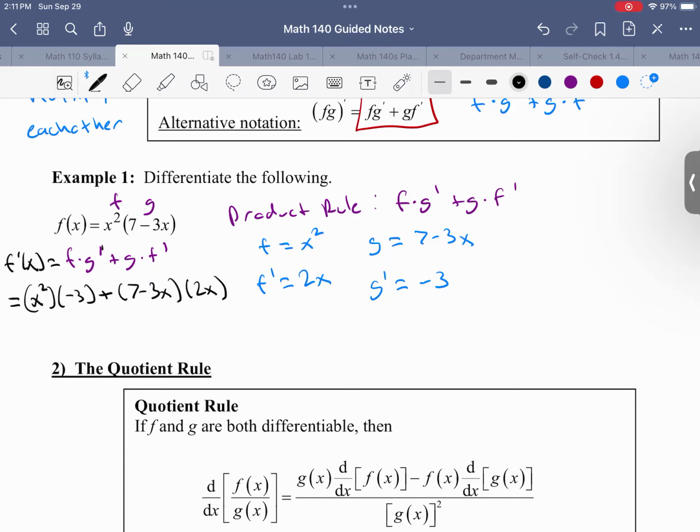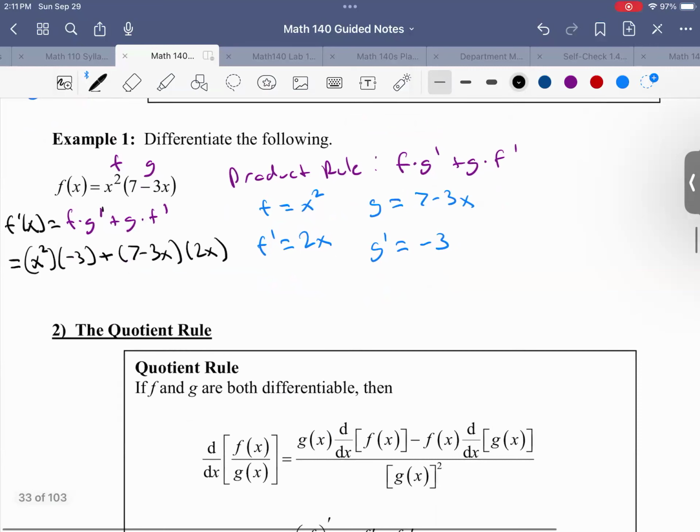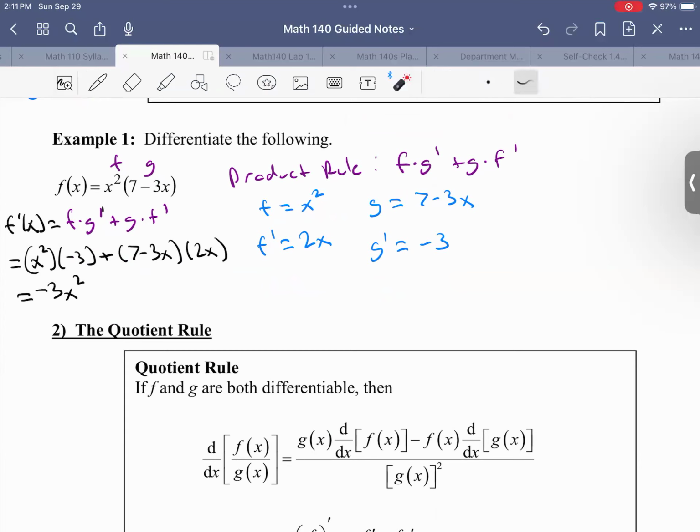And you can simplify this a bit more, right? -3 times x squared is -3x squared. And then if I distribute in this 2x, I get plus 14x minus 6x squared.